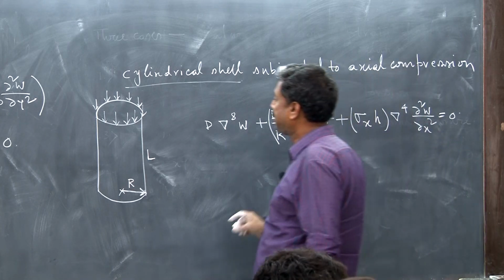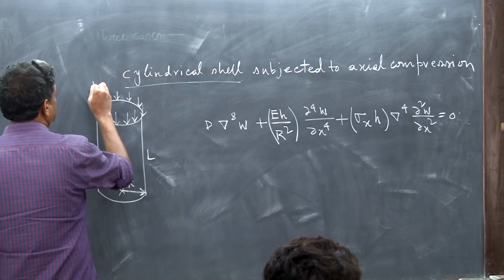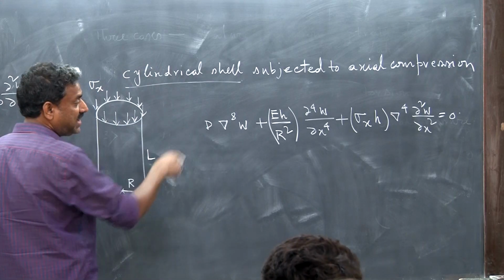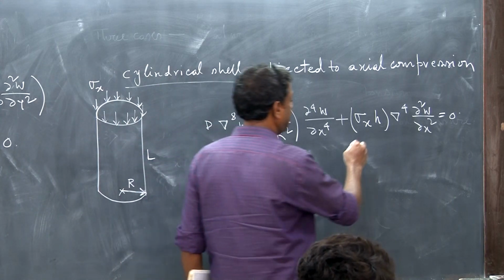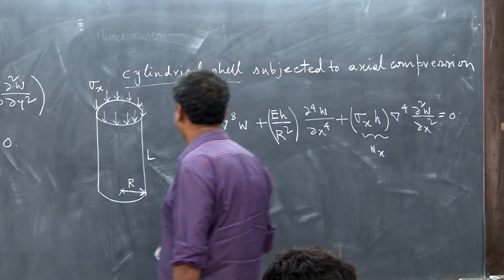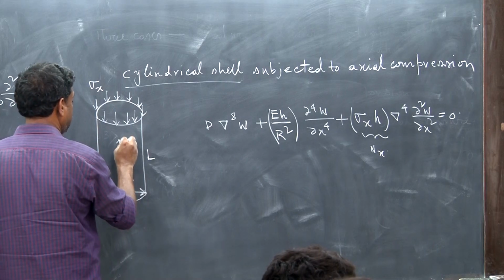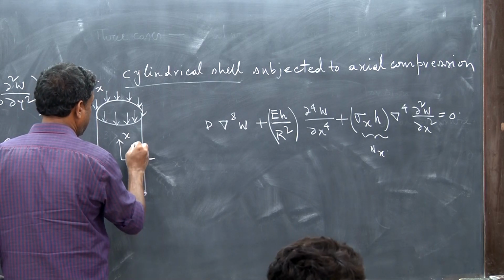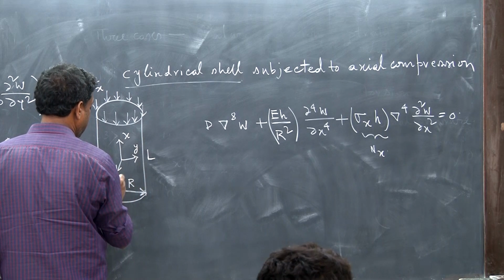Sigma x into h, where sigma x is the stress and h is the thickness, is nothing but Nx. The coordinate axes are x, y, and z.